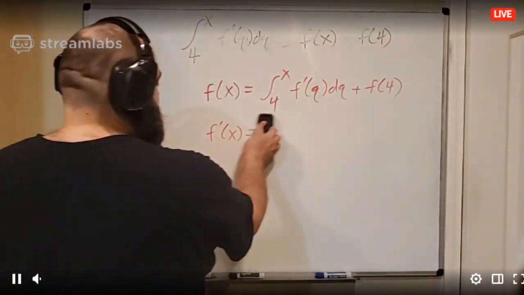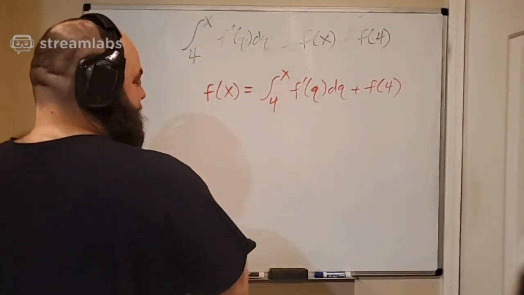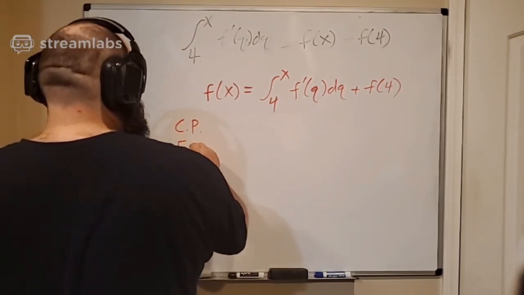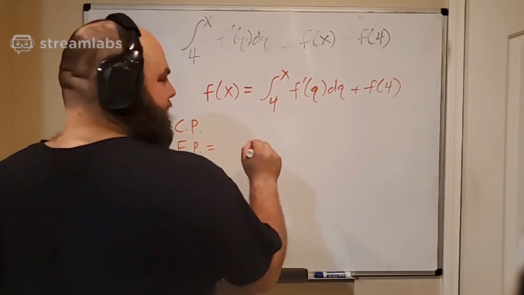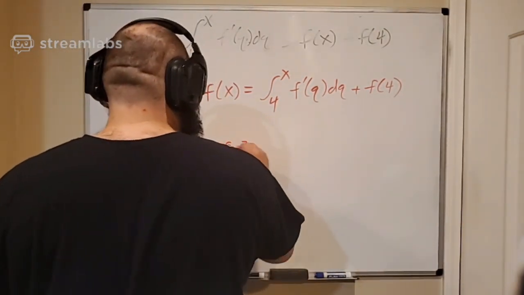However, we do use the graph to find our critical points and our endpoints. Our endpoints are 0 and 7. How do we find our critical points, or critical values?